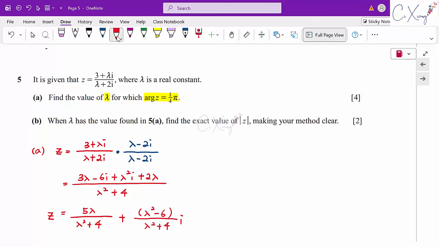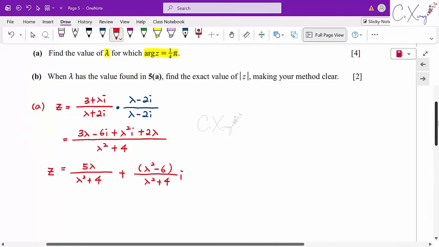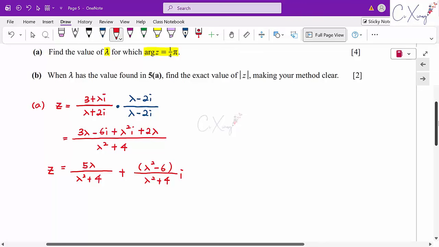How can I get the value for lambda? After we rationalize it, we use the information that the argument of z equals pi over 4. To get the argument of z, we take tangent inverse of b over a, or y over x.